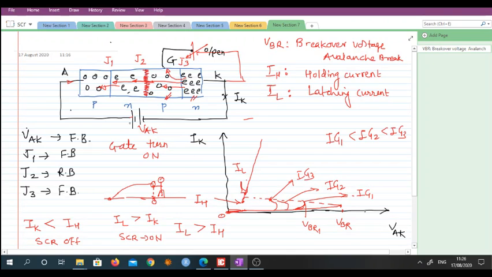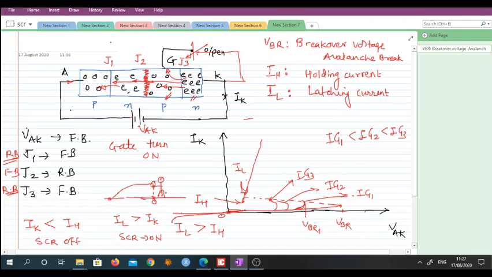When the device is reverse biased, there will be no flow of current, and it works exactly like a reverse biased diode. Why does this happen? Because once the device is reverse biased, junction J1 gets reverse biased, junction J2 gets forward biased, and junction J3 gets reverse biased. Since both these junctions are reverse biased, there will not be any chance for majority carriers to flow across the device.